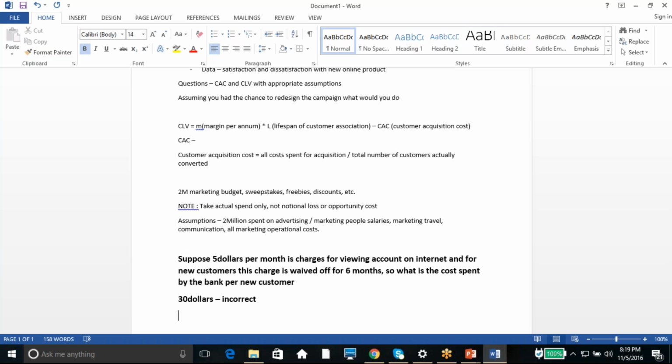This is the money that the bank could collect if it charged the customer. Actual cost of the bank to allow viewing of account could be as low as 5 cents per month.